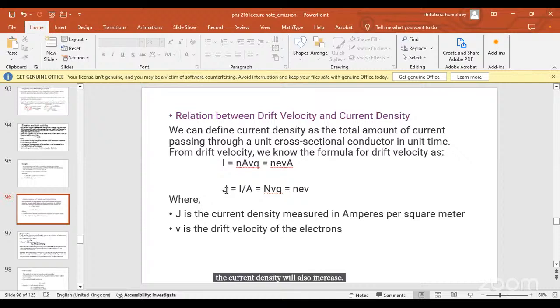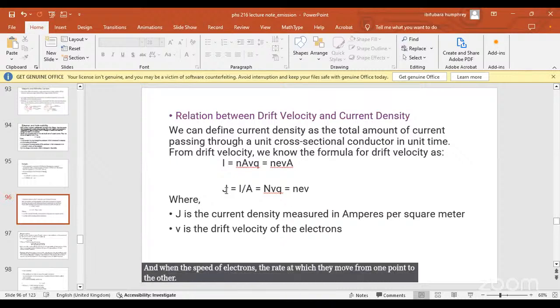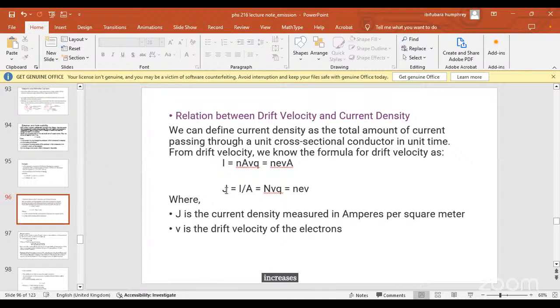Remember that current density is also directly proportional to current. So when current increases, current density will increase. And when the speed of electrons, the rate at which they move from one point to the other, increases, the current also will increase and the current density will also increase.